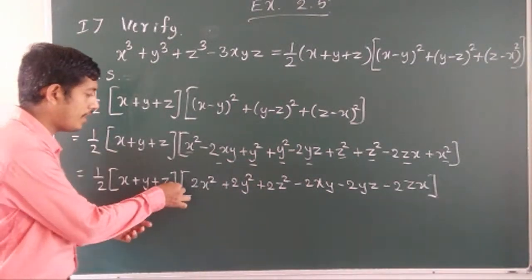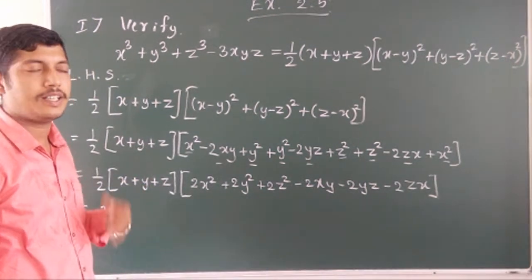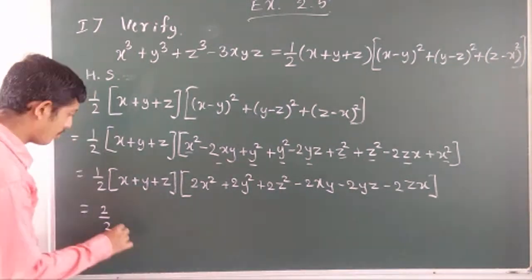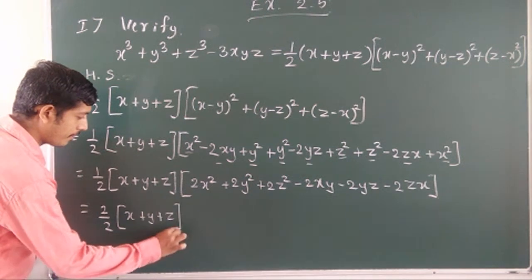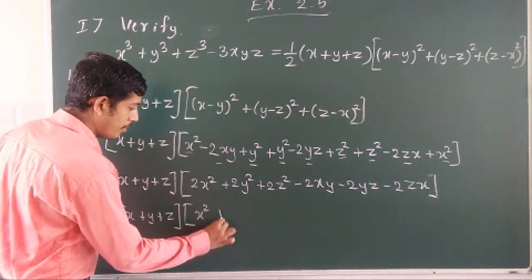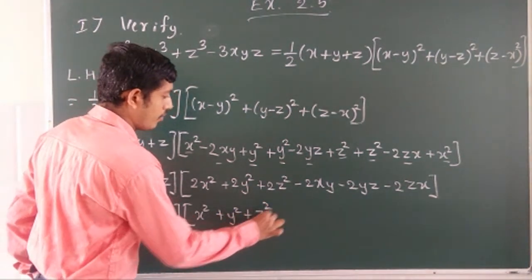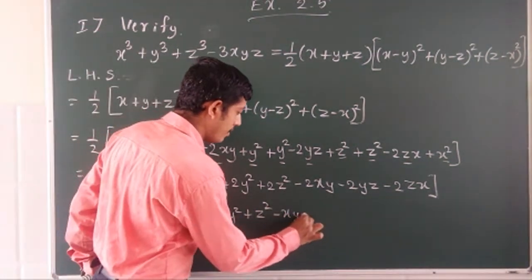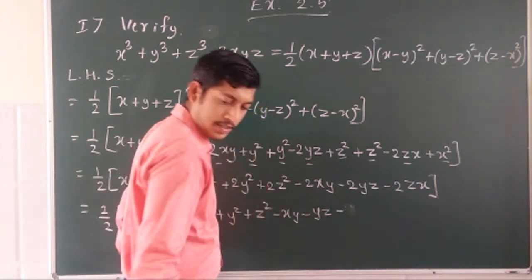We can place that here or here because it is multiplication, and multiplication follows the commutative property. So 2 by 2 into (x plus y plus z) into (x square plus y square plus z square), because we removed 2 outside, and here minus xy minus yz minus zx.